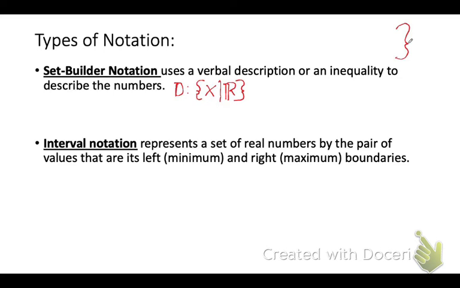Now, the range, what was the range on the last slide? What was the range, guys? Y is greater than or equal to negative 3. Okay, so we're going to put y such that, so our curly brackets again.